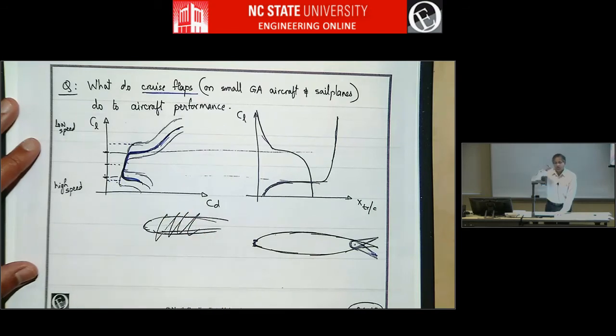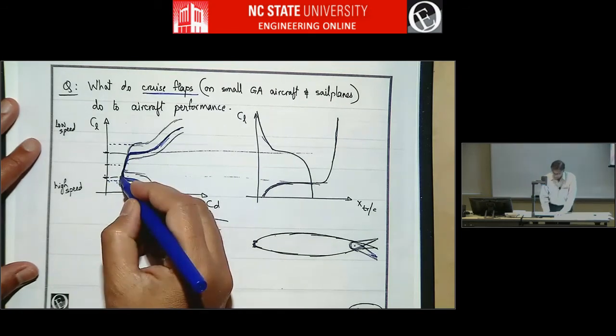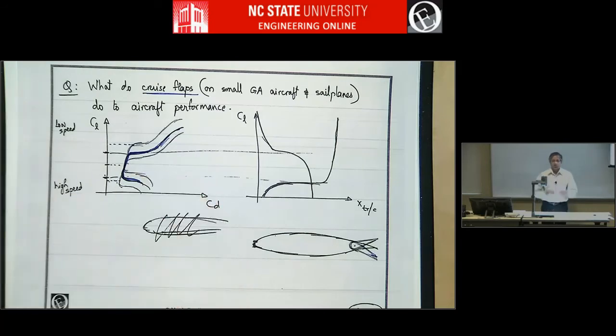Then you put the flap a little bit up and you'll move the drag bucket down, so you're actually moving the sweet spot to where you want to fly. That's why these are called cruise flaps, and they're used in many sailplanes and aircraft.